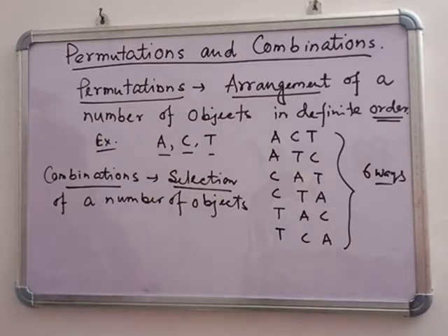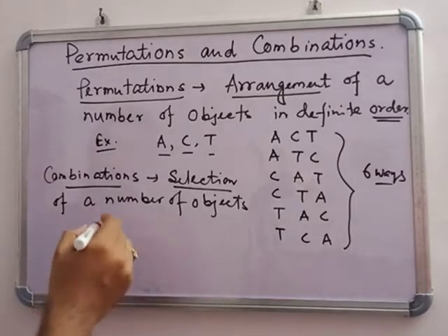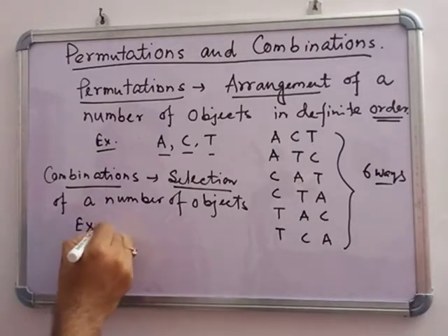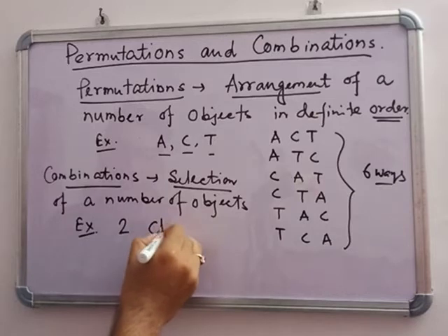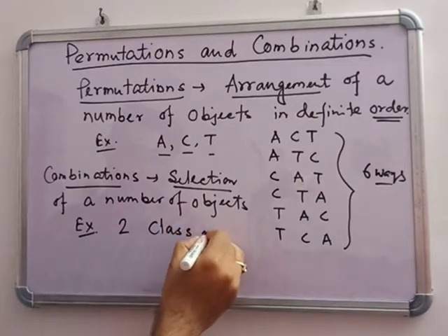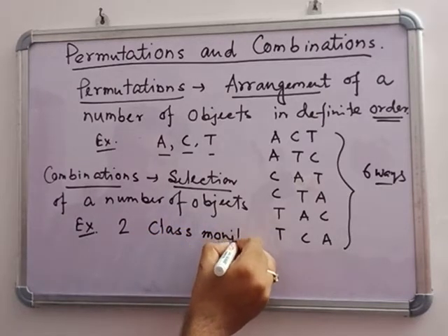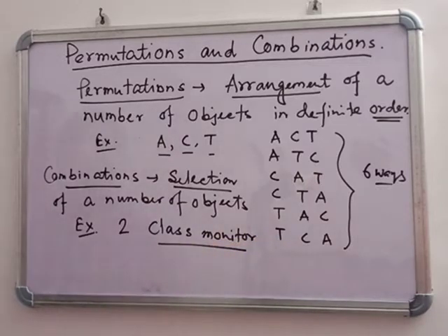Suppose I am telling you to choose two class monitors from your class. It's not in an order. You can choose at random. Any two of them you can choose as class monitors out of 40 students. So it's not necessary to arrange them in order. Okay. So this is the difference between permutations and combinations.